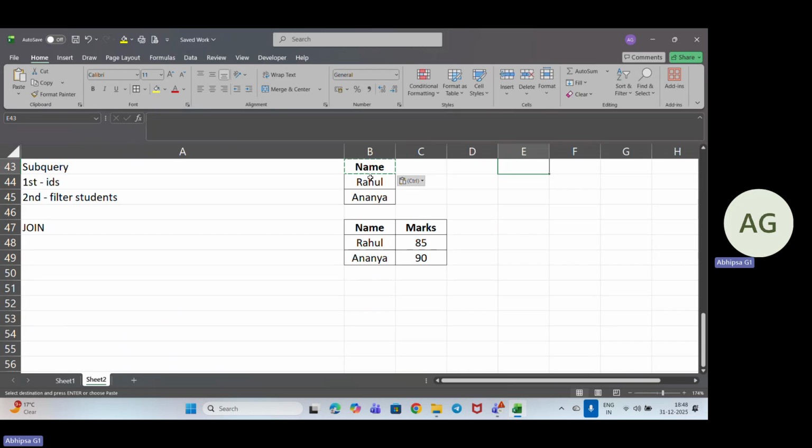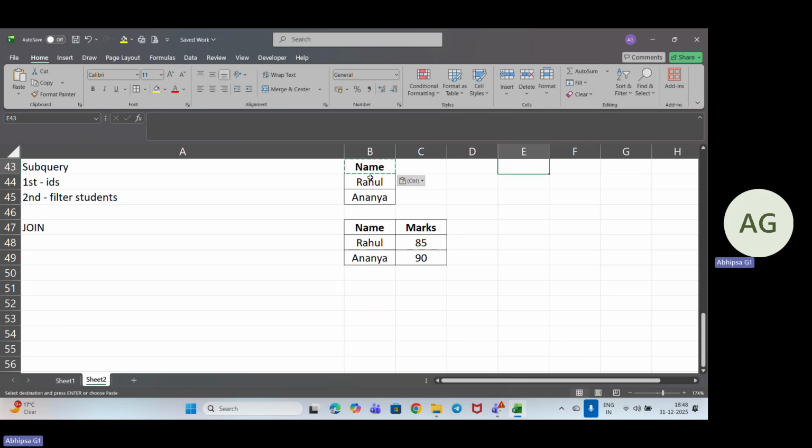But in joins, it merges the two tables and gives us the combined data. So it is required based on the problem we are solving. They have different types and different ways by which they can be used.